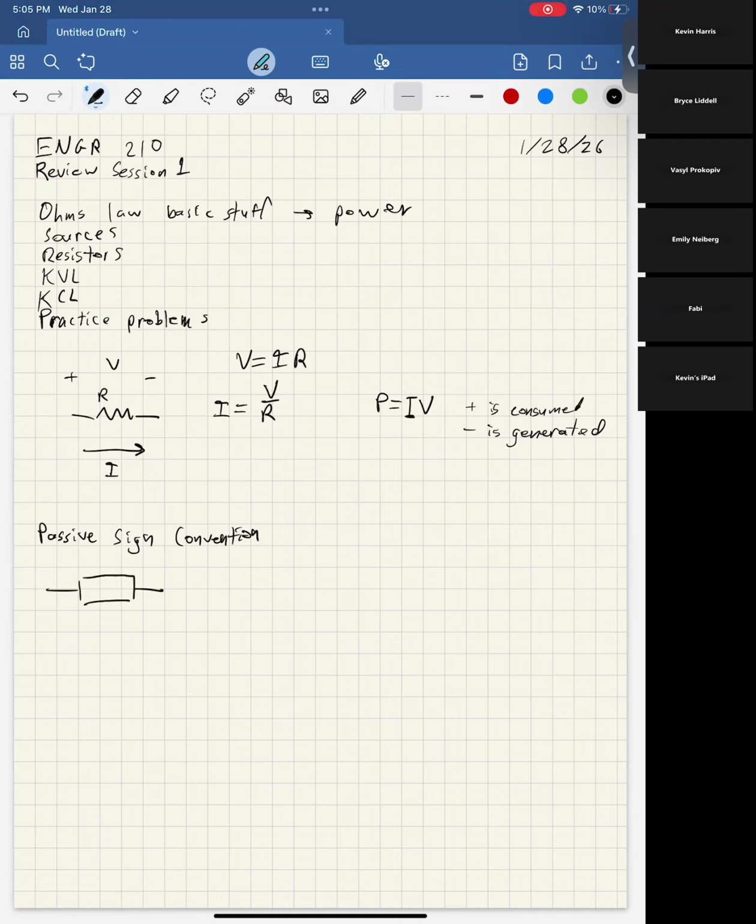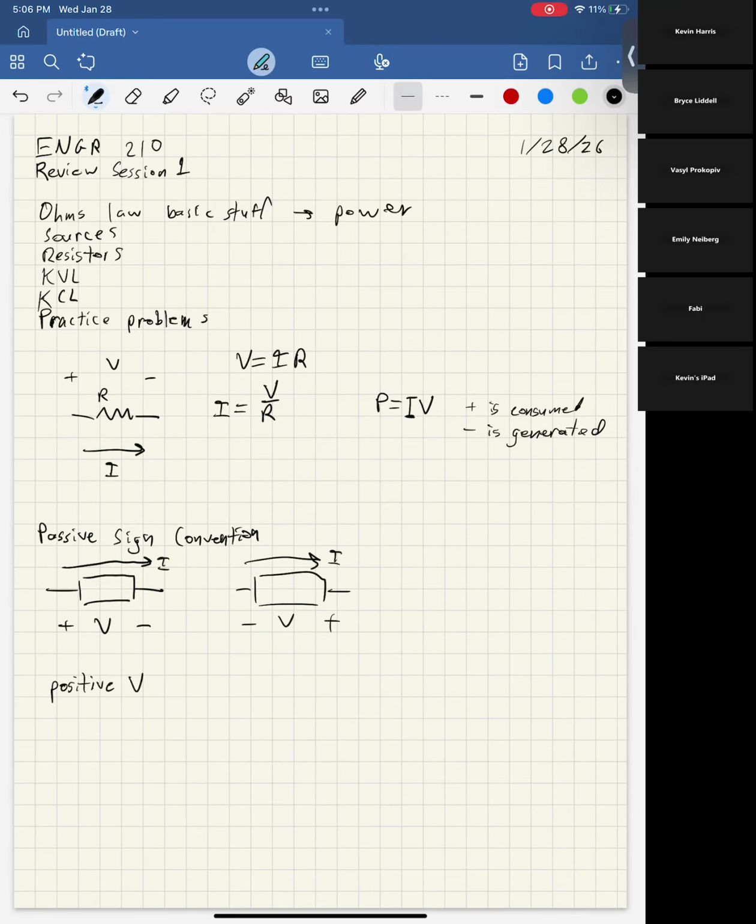But basically, it's saying for some arbitrary component, we don't know what it does, we don't care what it does. It has some current flowing through it in some direction, and it has a voltage. There are two cases we can have here. In both cases the current is flowing in the same direction, but you can have a voltage one way or the other. So basically, if there is a voltage drop in the direction of current, this is a positive voltage.